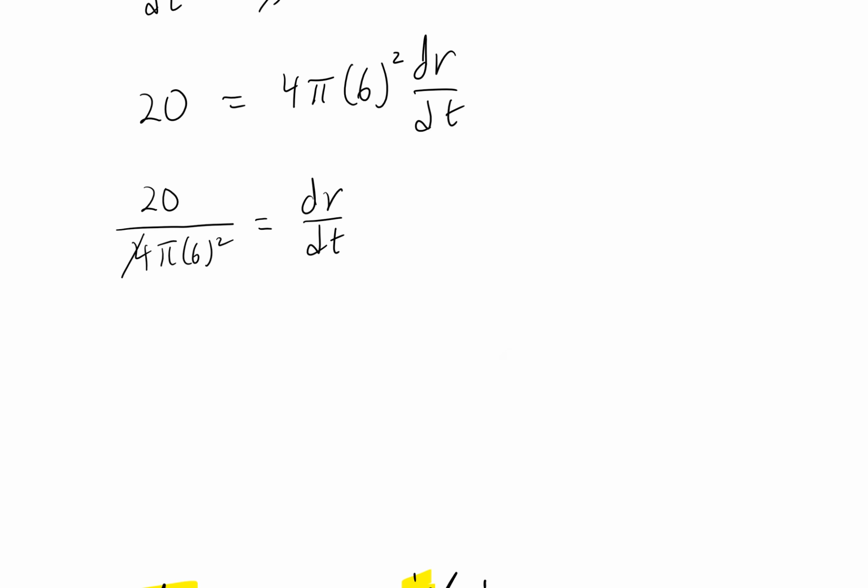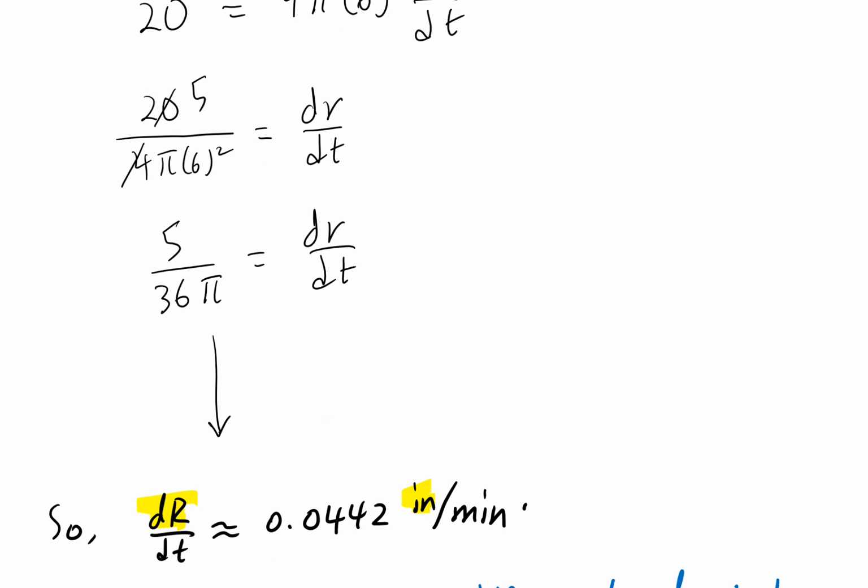This is divided by 4, 20 divided by 4 is 5, so 5 over 36 pi equals dr/dt. Simplifying this gives me dr/dt. So notice the radius is in inches and time is in minutes. So dr/dt is about 0.0442 inches per minute.